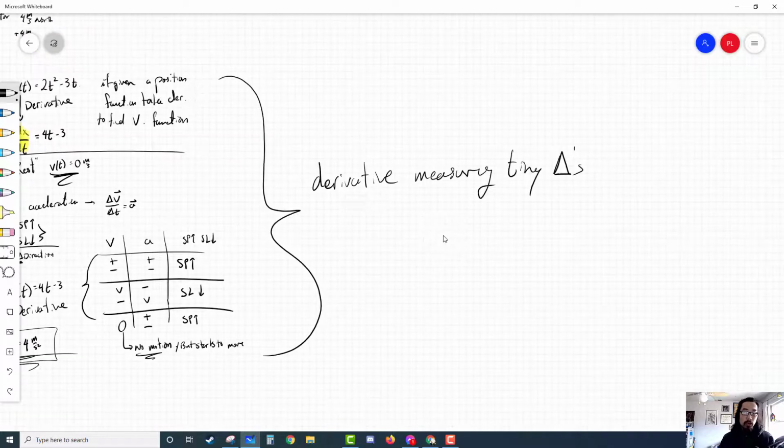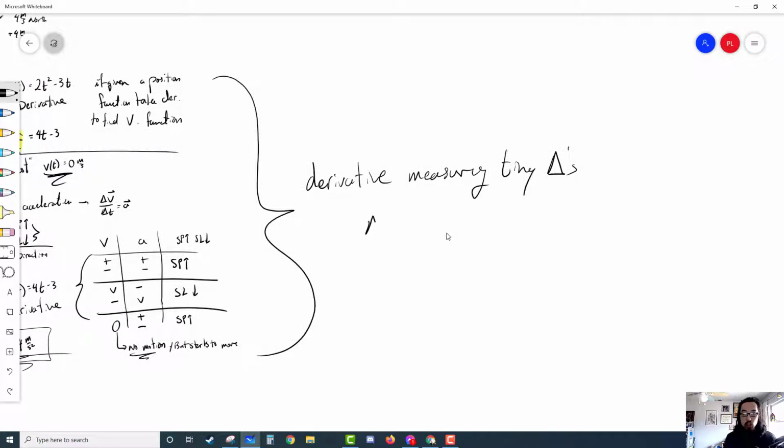And this is important because we know that a change in position over time gives us velocity. So in order to find the velocity function, we take the derivative of a position function. Okay, and we also learned that if we have a change in velocity over a change in time, we are finding the acceleration.